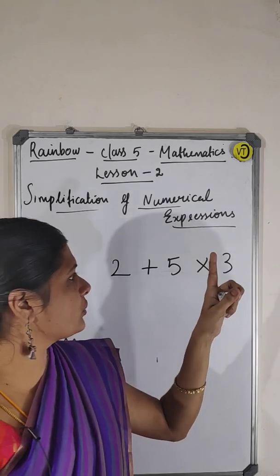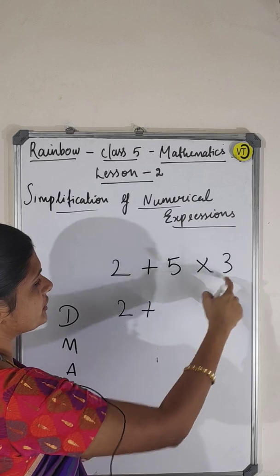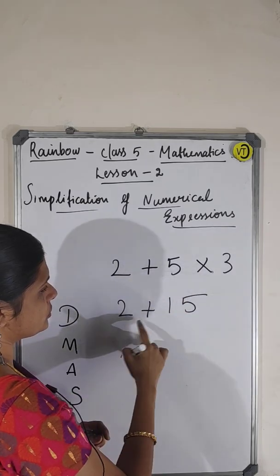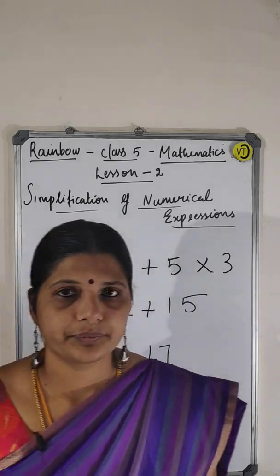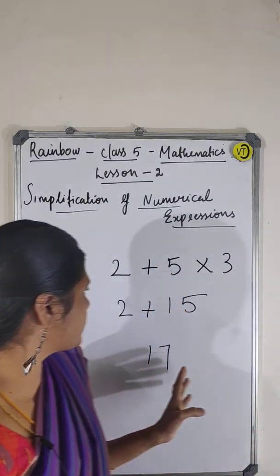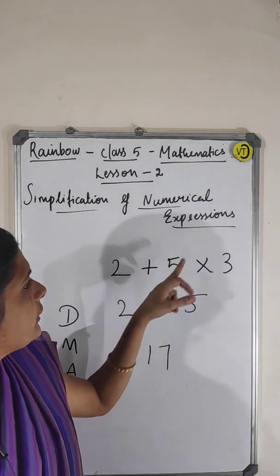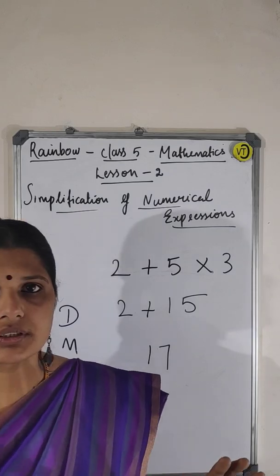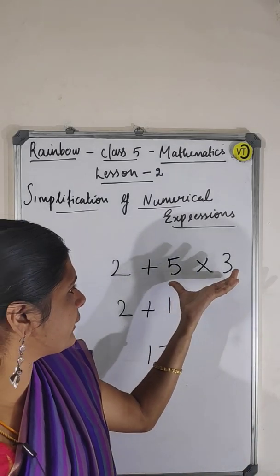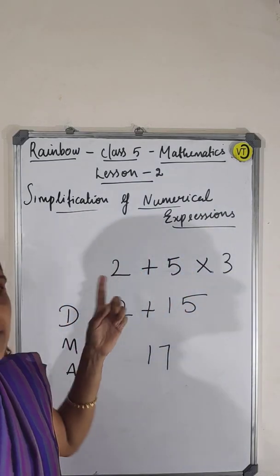The first one you have to go for is multiplication. So 5 into 3 is 15. Then 2 plus 15 is 17. That is your answer. You should not do 2 plus 5 is 7, then 7 into 3 is 21. Is it also correct? No, it is not right. It is wrong. First of all, you have to multiply those two numbers. Multiplication gets the priority. Then addition is the next priority.